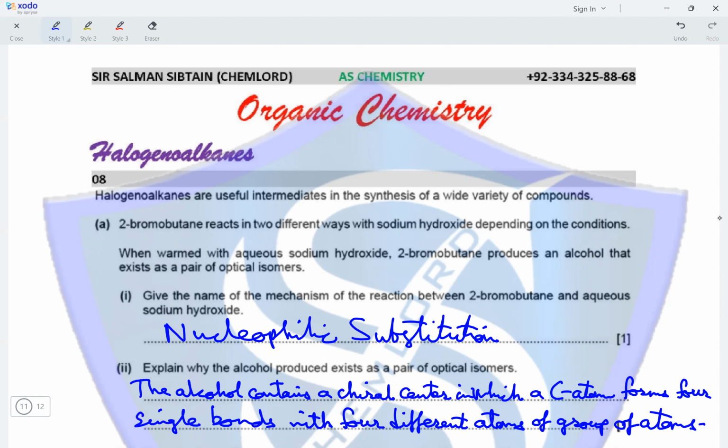So in this way, if a chiral center is present, then that particular compound will have optical isomers.